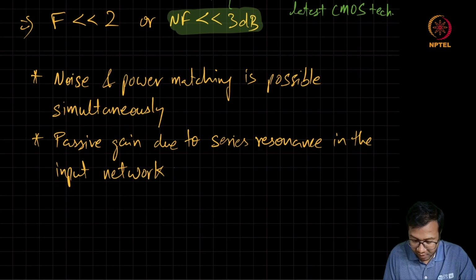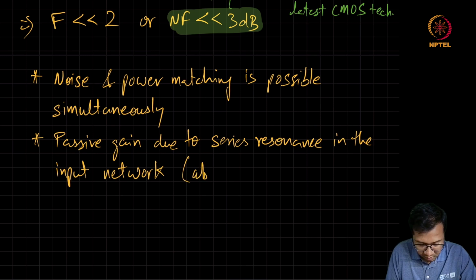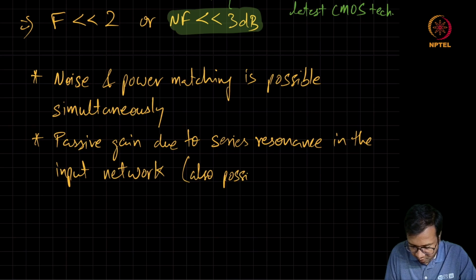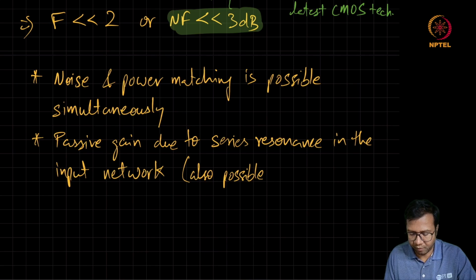Now the passive gain due to series resonance is also possible in a regular common source amplifier, but you cannot maintain the input matching.